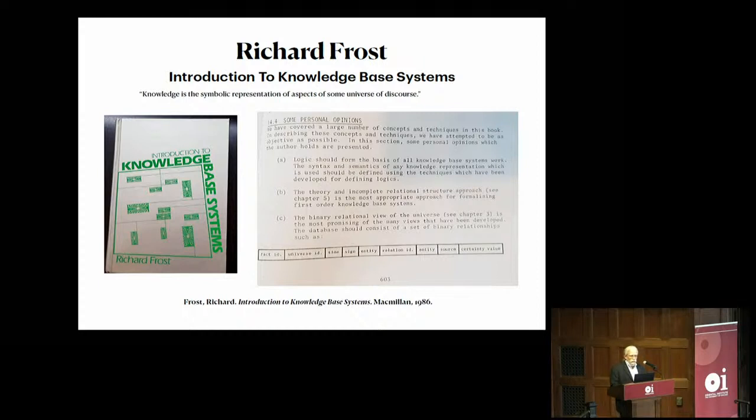For what it's worth, there was a brilliant and huge tome written in 1986, Introduction to Knowledge-Based Systems, that is really a complete college degree's worth of work in data processing and IT.